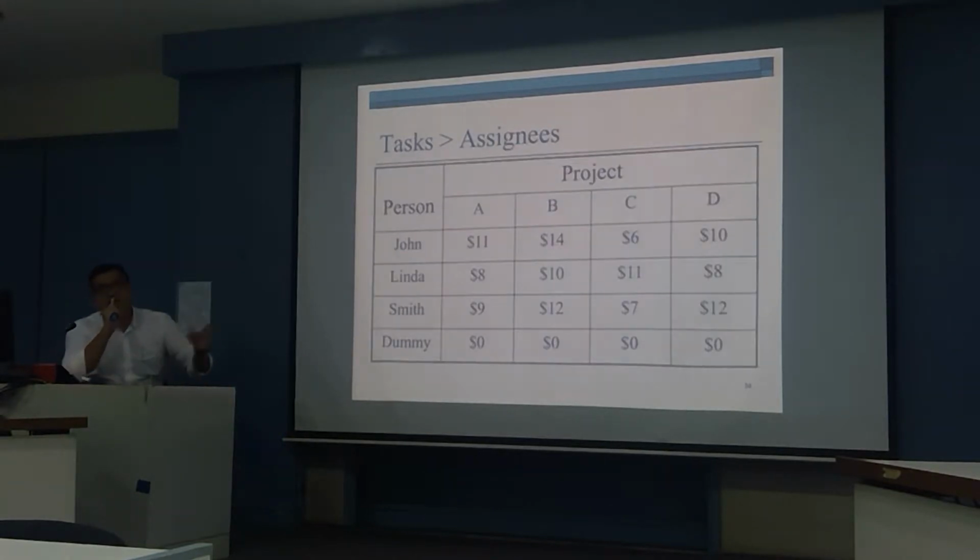Or you have 5 projects, A, B, C, D, E, but just 3 assignees. You need to add 2 dummy assignees, dummy 1 and dummy 2, with all costs 0 as well. Okay, so this is how we deal with unequal assignees and tasks.